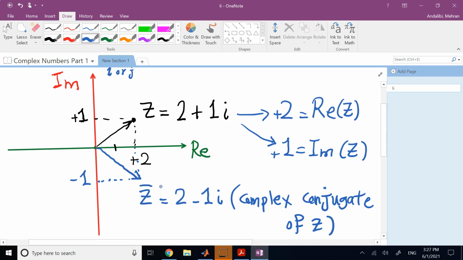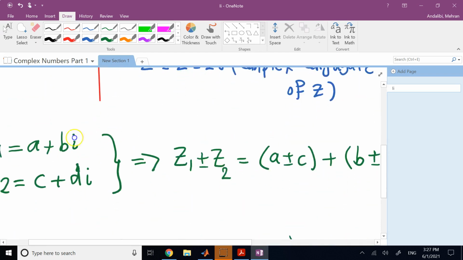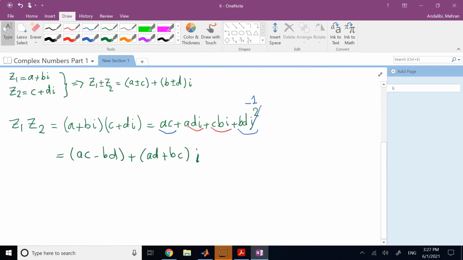What's the use of that? I'll tell you right now. But this is just a new definition I want you to know. So now, let's say I'm about to divide two complex numbers. So it is going to be z1 over z2. What does it mean? It means a plus bi divided by c plus di. Right? Now, I want to write the result of this as one real number plus another imaginary number times i.